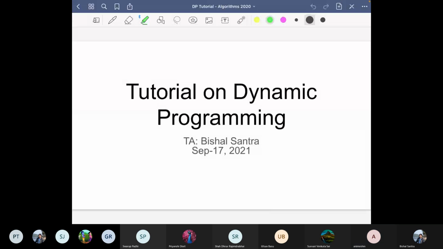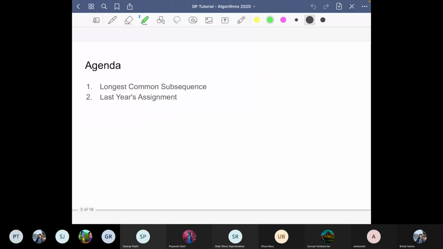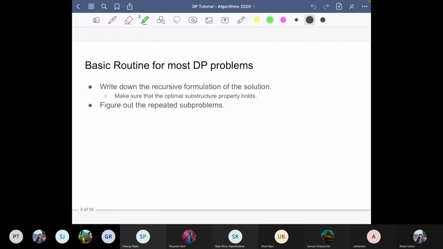So hi everyone. I will be sharing two examples of dynamic programming based problems and one C++ code solution using dynamic programming. The first problem is finding the longest common subsequence between two input strings.